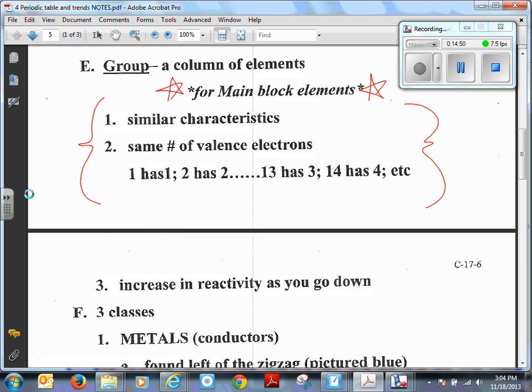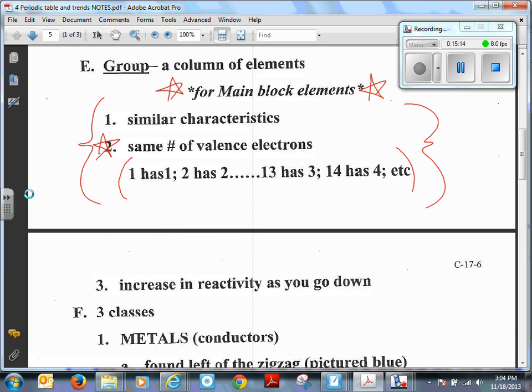They should have. Now, this is an important part right here. Chalk this up and memorize it. If they're in the same column, they will have the same number of valence electrons. And I'll explain this right here. It says 1 has 1, 2 has 2, 13 has 3, 14 has 4.